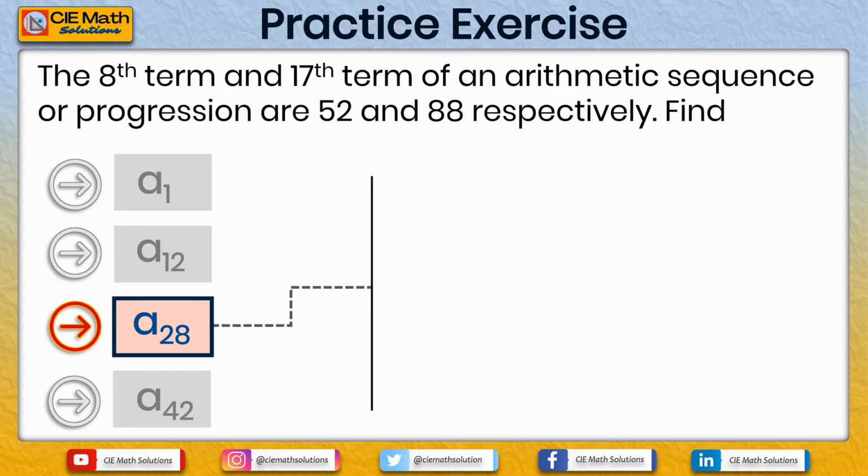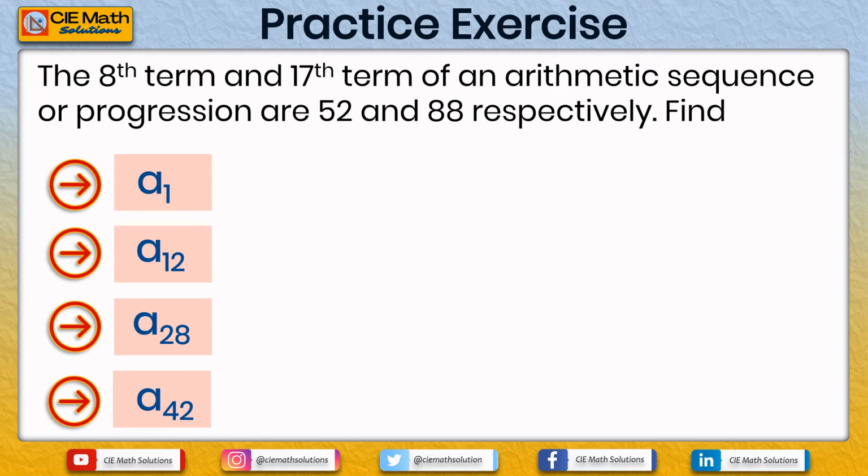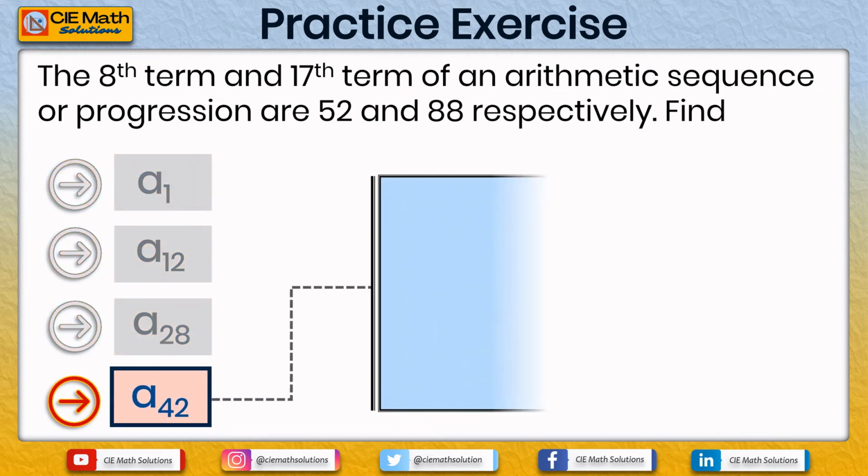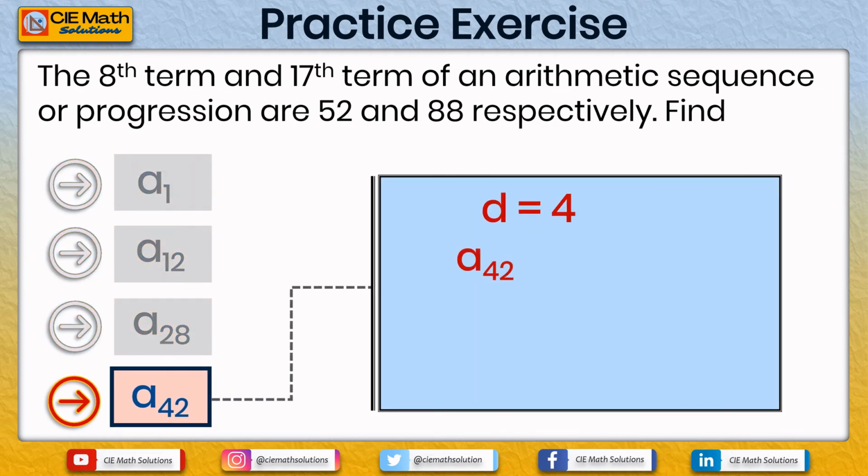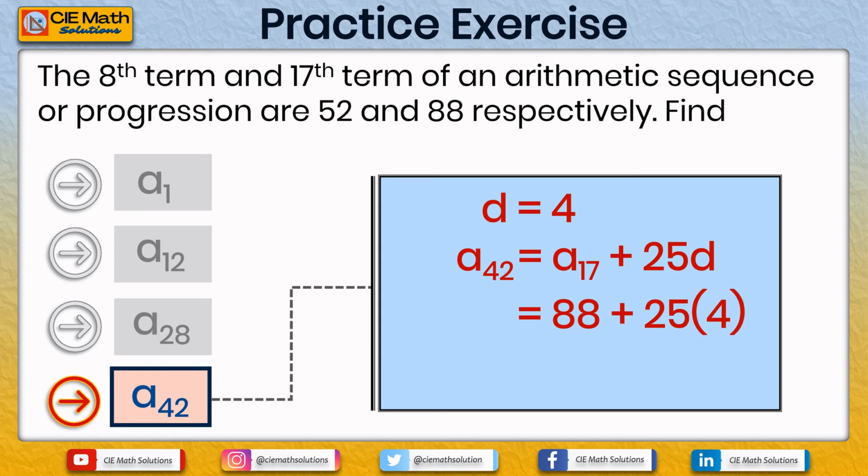For the fourth item, which is A42, or the 42nd term, again the value of D is equal to 4. A42 then is equal to A17 plus 25D. We then have 88 plus 25 times 4, which is equal to 188.